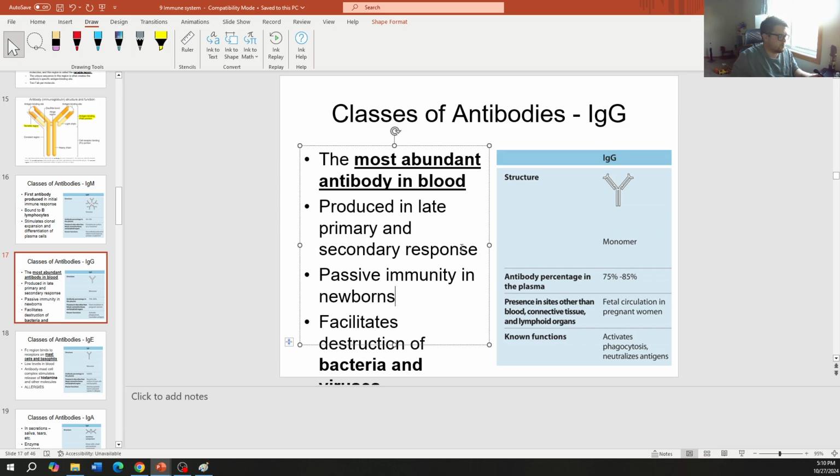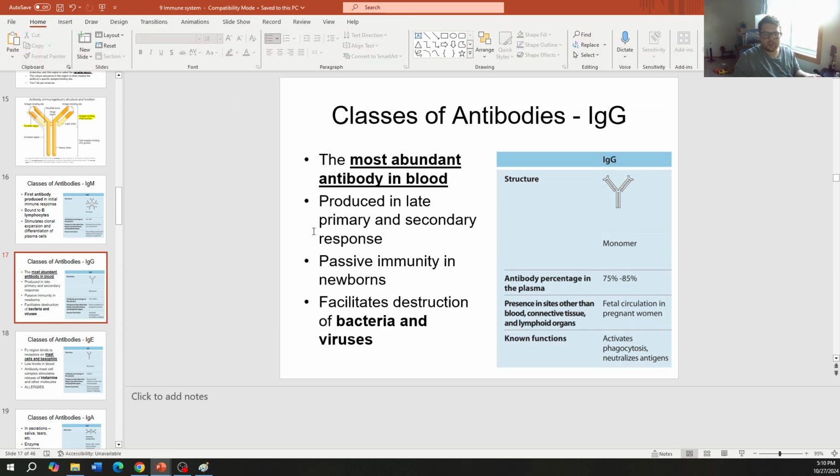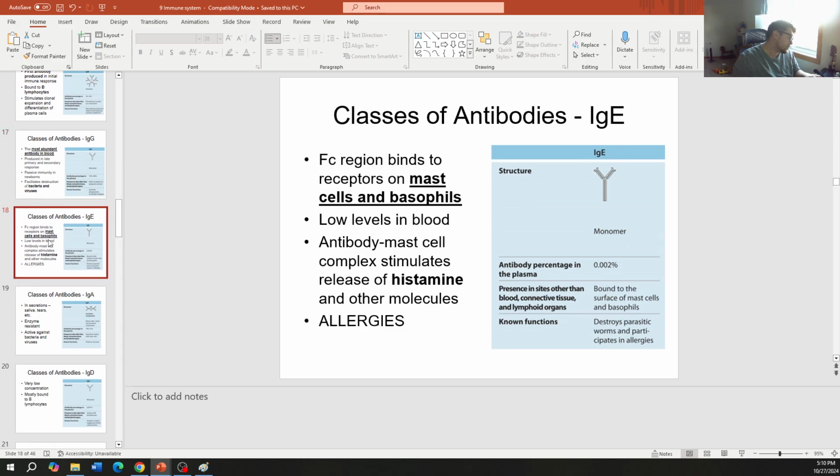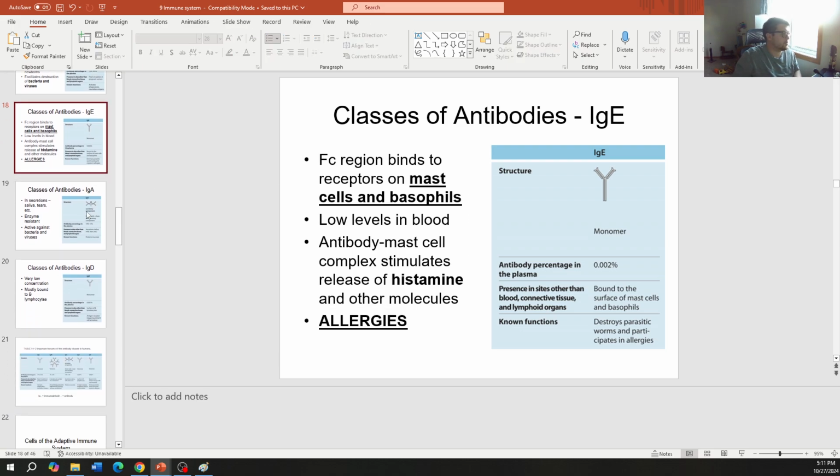So they have a bunch of IgG to keep them going at the beginning. We have IgE. These bind to receptors on mast cells and basophils. If we remember, mast cells are part of our histamine reaction, which mostly has to do with allergies. Always associate IgE with allergies.